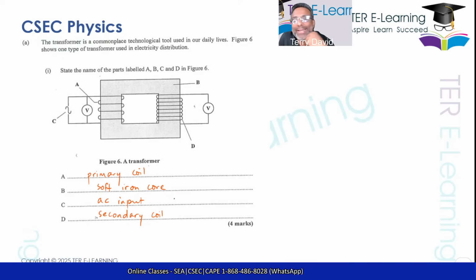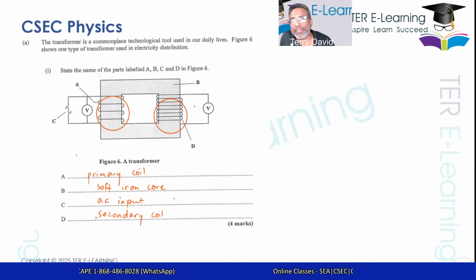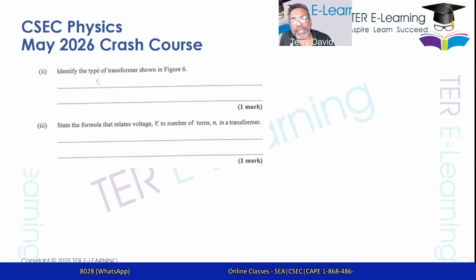Everybody's saying step up. For those of you who don't know, you look at the number of turns in the coil. If you notice on the right hand side here, you have many more turns in the coil. So it's a step up transformer. So in this case, we're just going to say step up transformer.